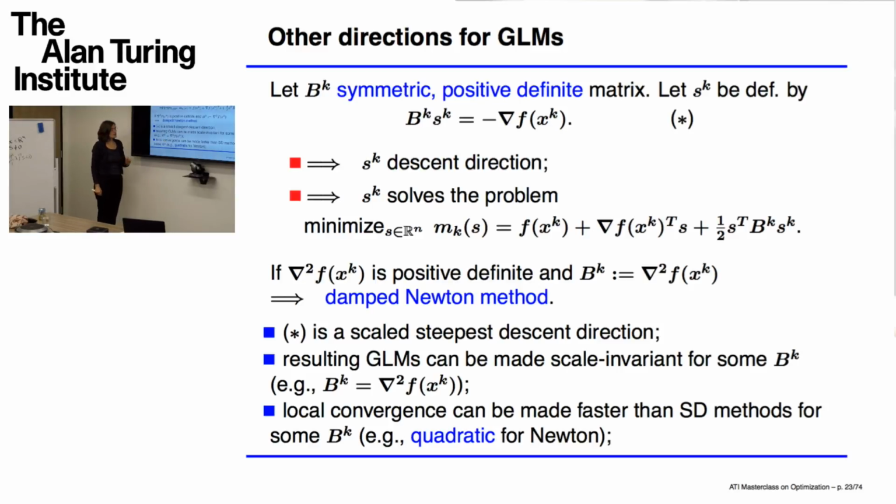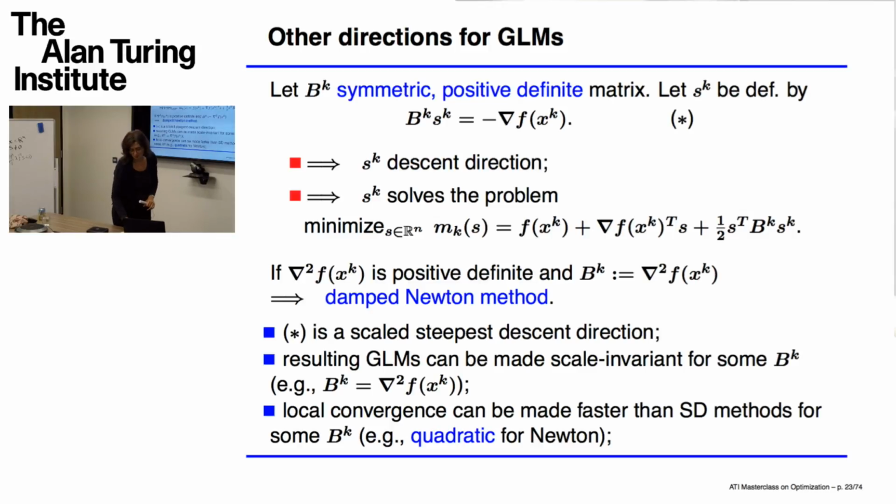So the Newton direction is famously affine invariant. The other property is that with Bk again being the Hessian, the local rate of the resulting line search method is quadratic. So we've gone from a linear asymptotic rate to a quadratic rate.